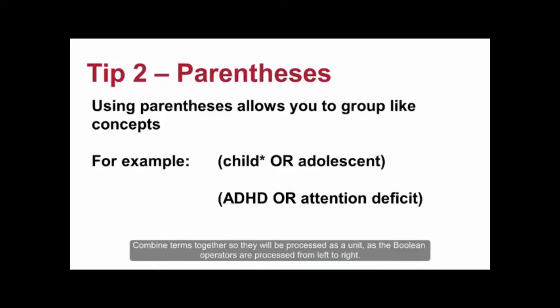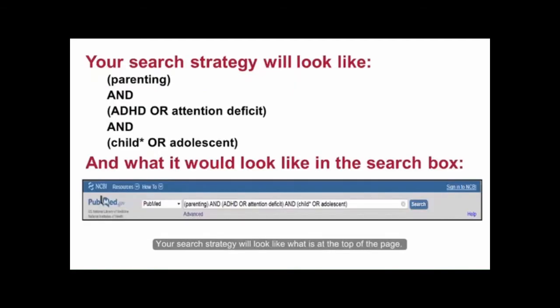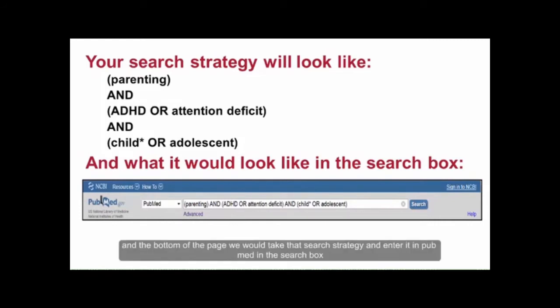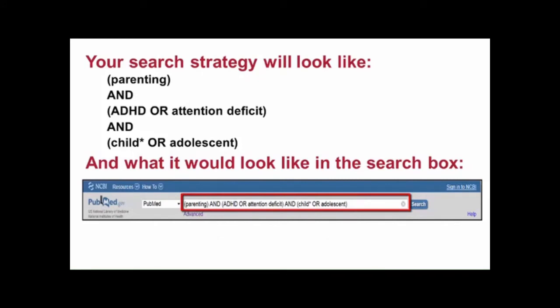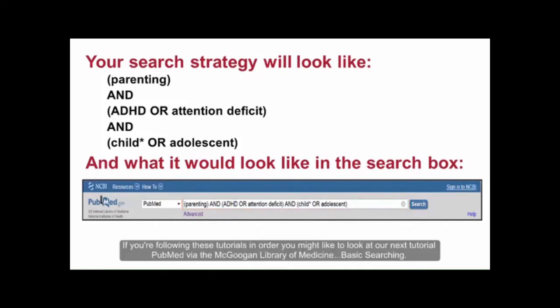Let's continue. Your search strategy will look like what's at the top of the page. And at the bottom of the page, we would take that search strategy and put it in PubMed in the search box. If you're following these tutorials, this is exactly how we are going to put the search words inside the search box of a database.